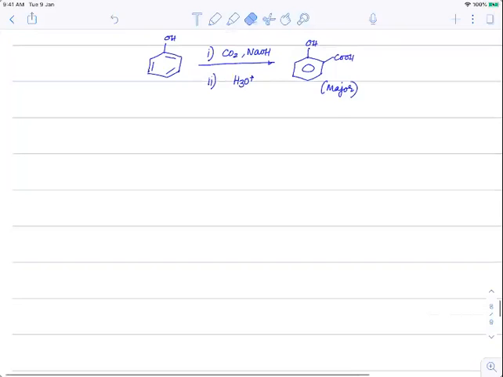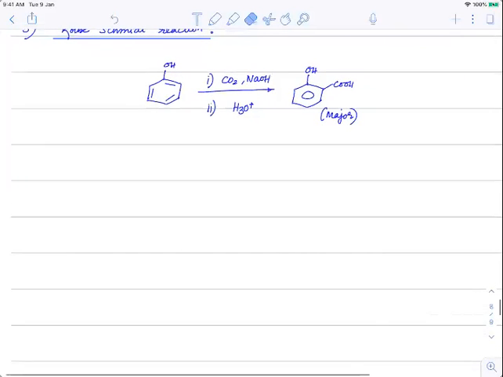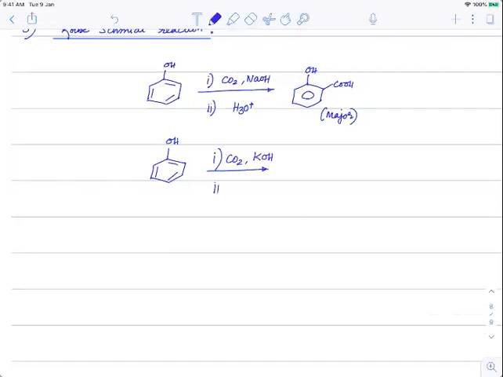Okay. One thing that has been observed: another thing you can check out. Same reaction, so we have CO2, KOH, and here you have H3O plus.